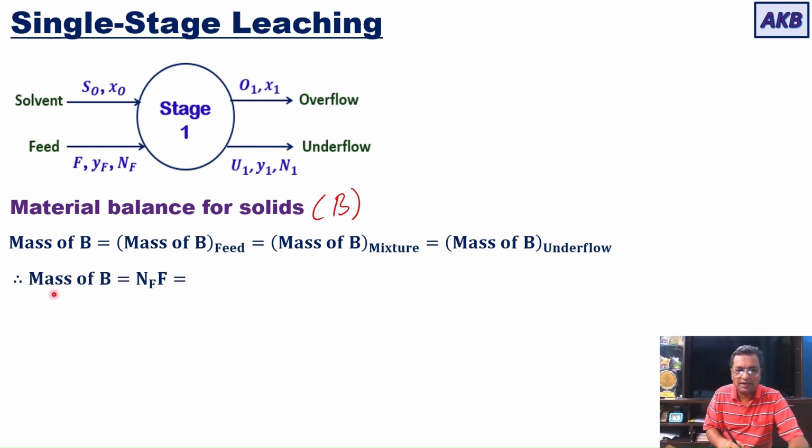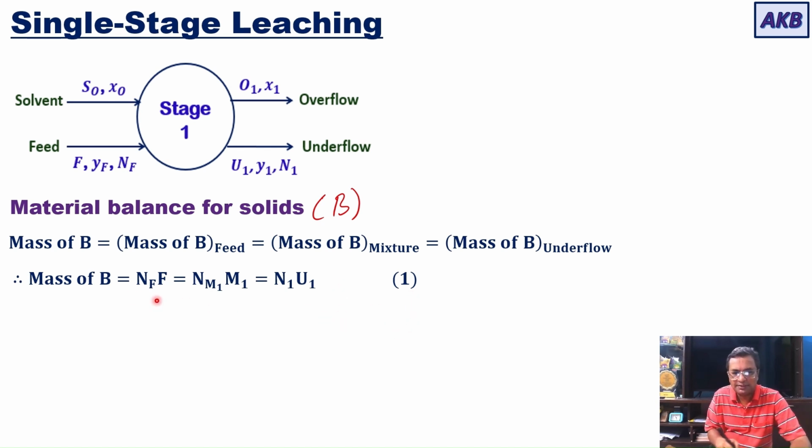So it will be written as mass of B is equal to NF into F, which is equal to NM1 into M1, which is equal to N1 into U1, and I am calling it equation number 1.